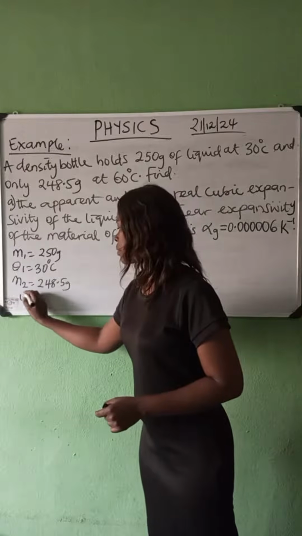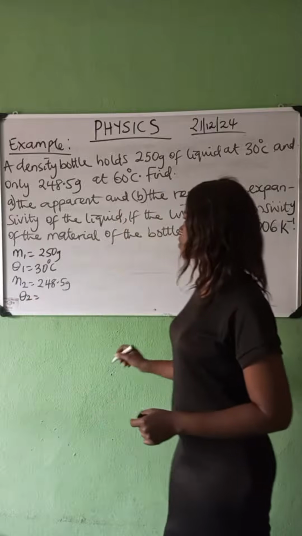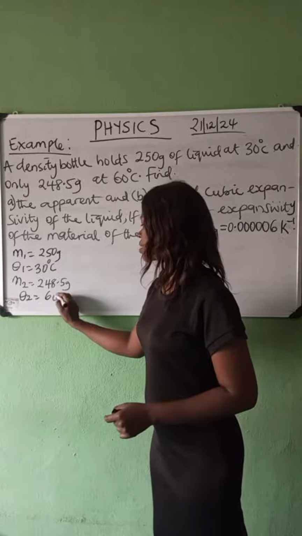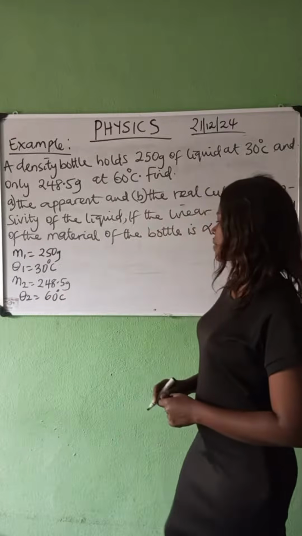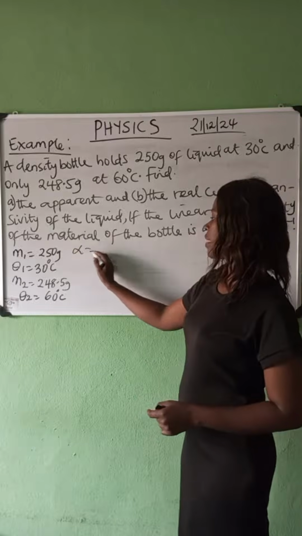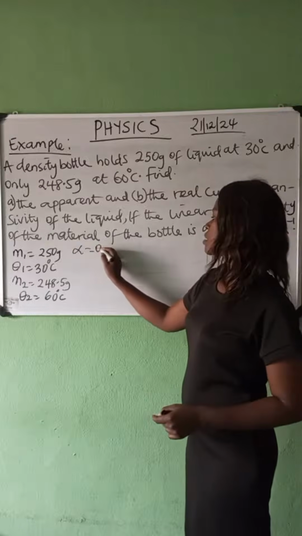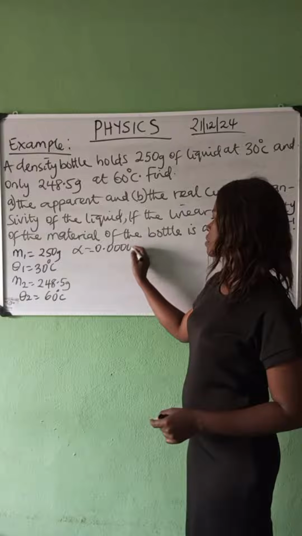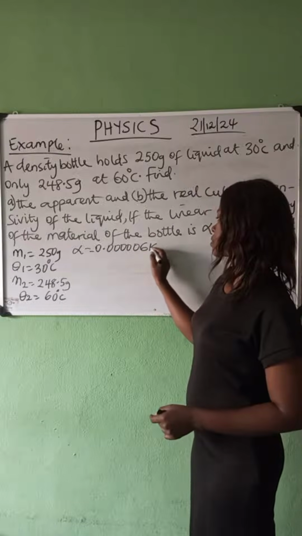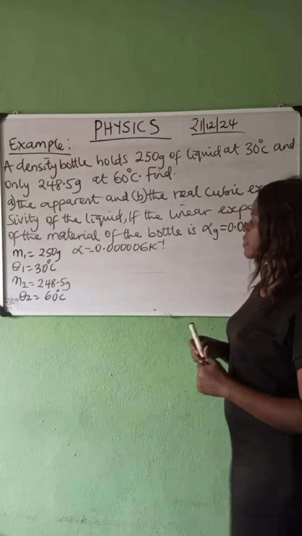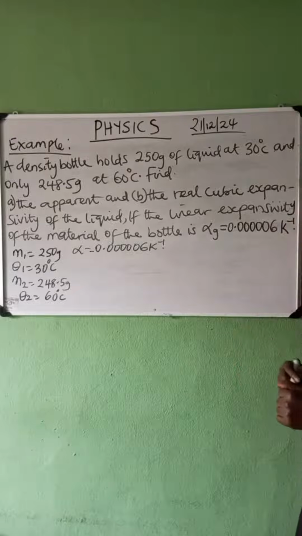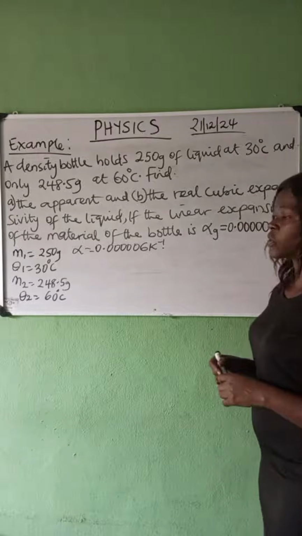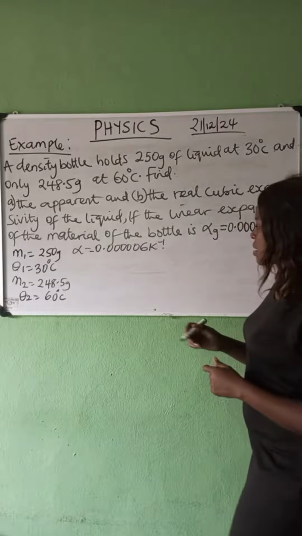Now, my second temperature is equal to 60 degrees C, right? And we are given alpha to be 0.000006 per Kelvin.